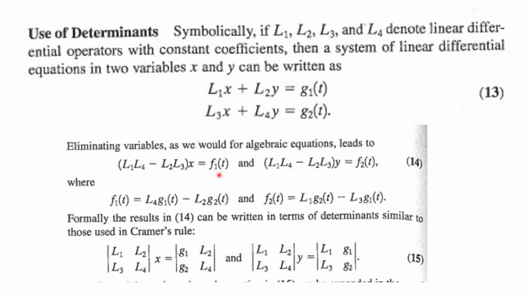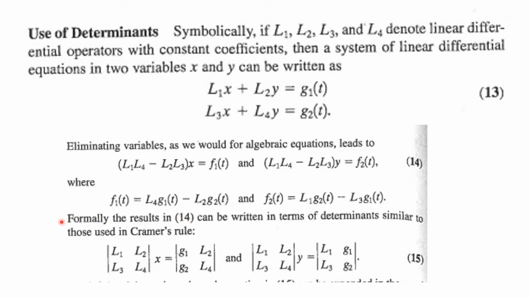Now that's after we have operated on g1 of t with those operators. And L1, L4 minus L2, L3 operating on y would be equal to F2, where F2 is these operators operating on g2. And this shows all of that.